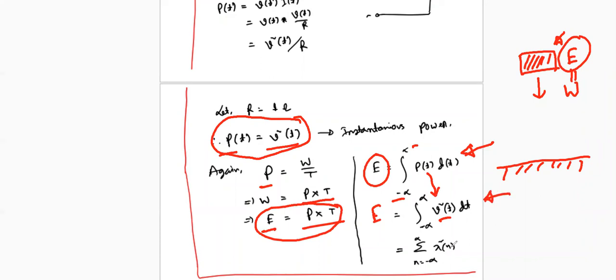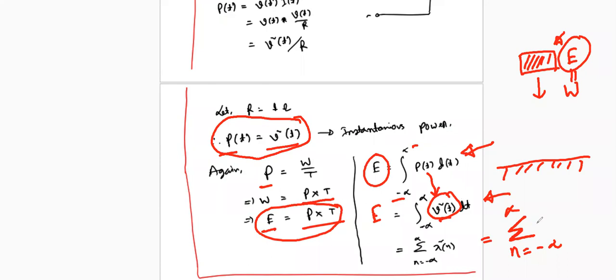Now what about the discrete time signal? It can be represented like this. For discrete time, of course, the time will be discretized for n equals minus infinity to plus infinity, and we do not need any dt because we have discretized those, and we do not need any integration because we are making a summation. And what is V square(t)?